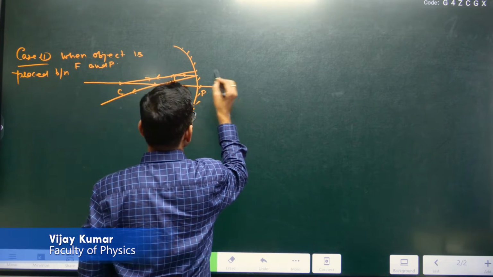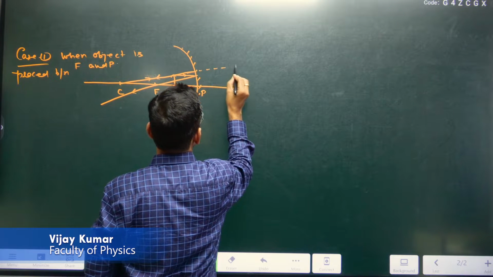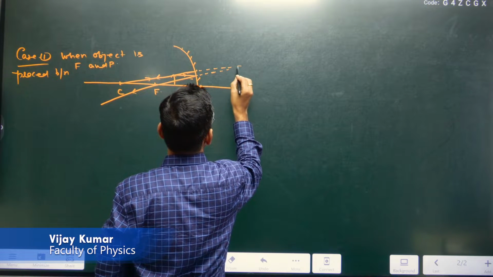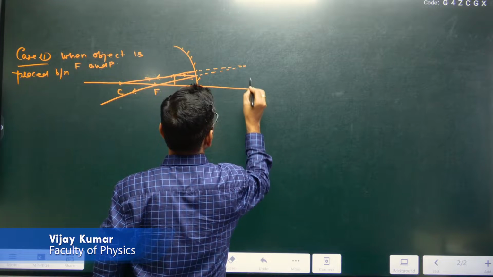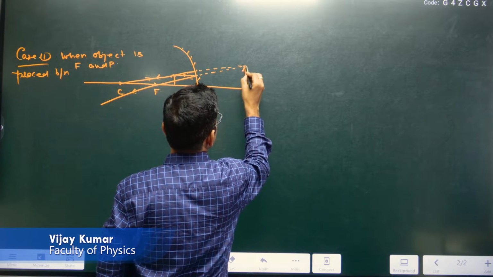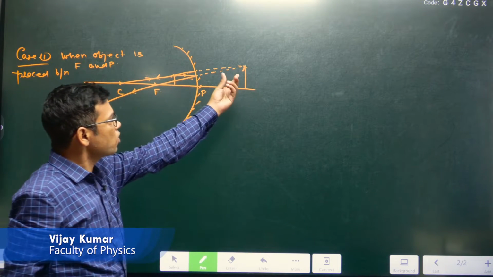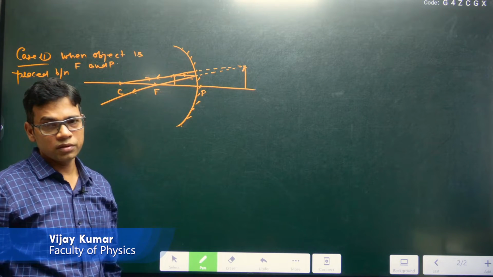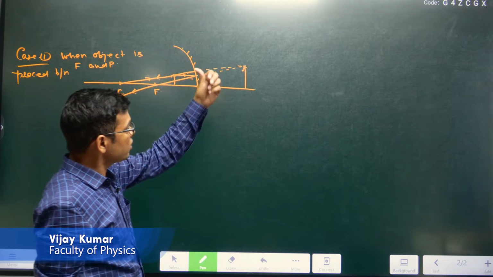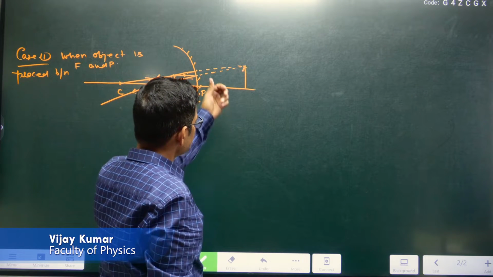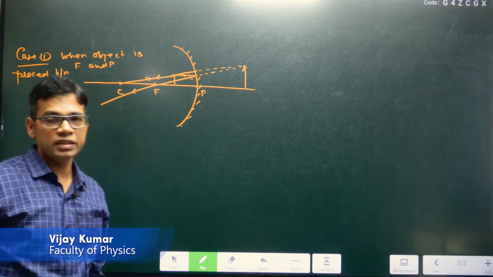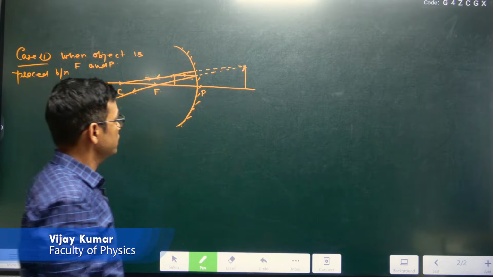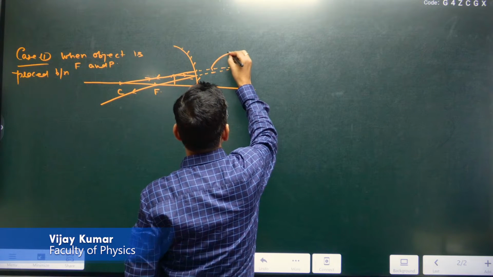If we extend this ray in the backward direction, it will cut. This is the intersection point, and image formation takes place at the intersection of these two rays. This dotted line represents that this ray is the imaginary ray. This is not the real ray.